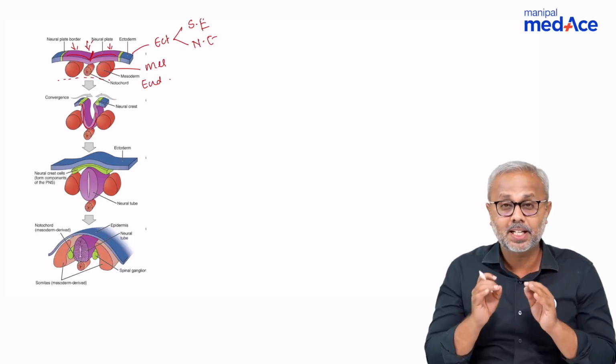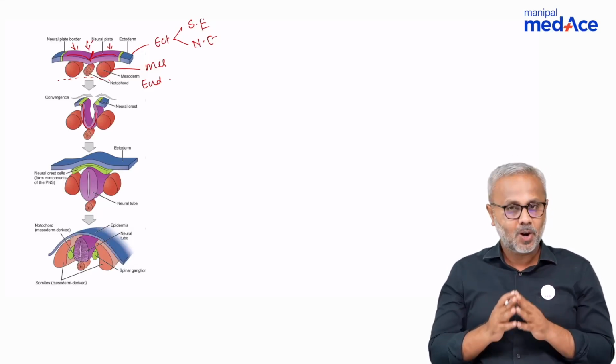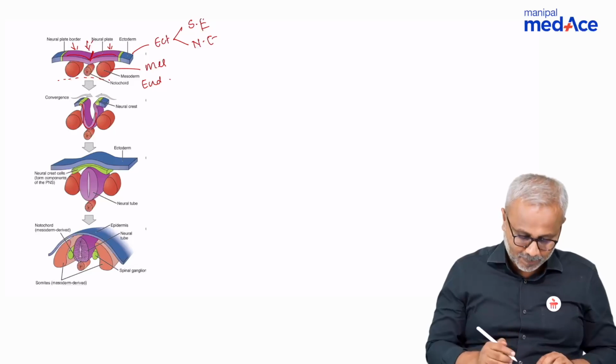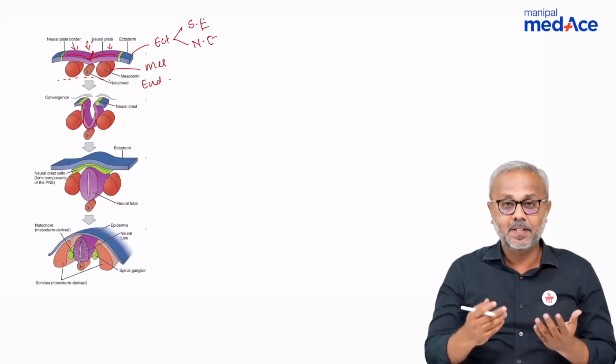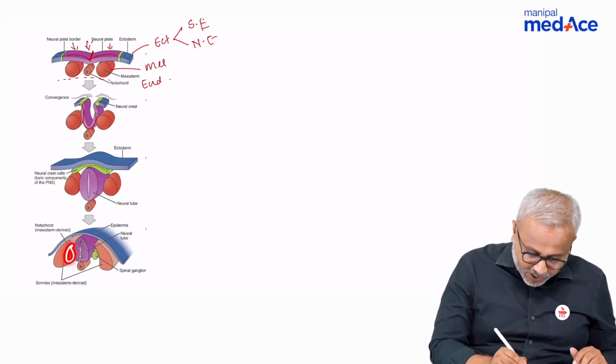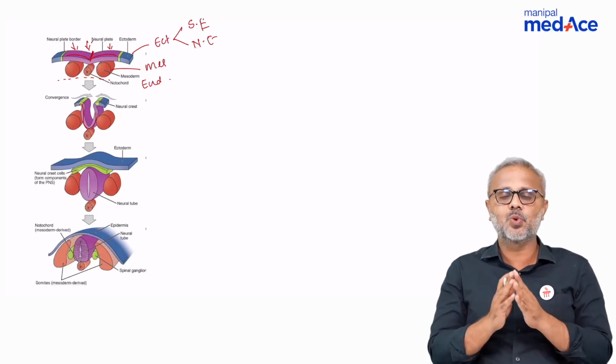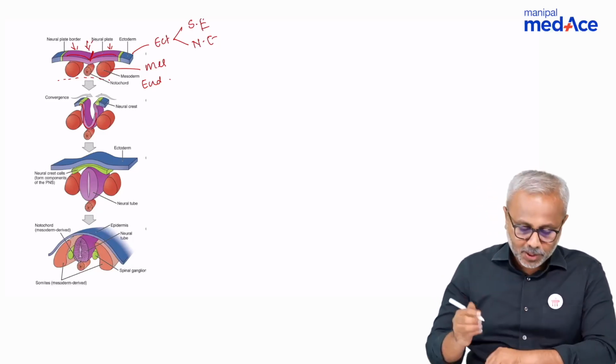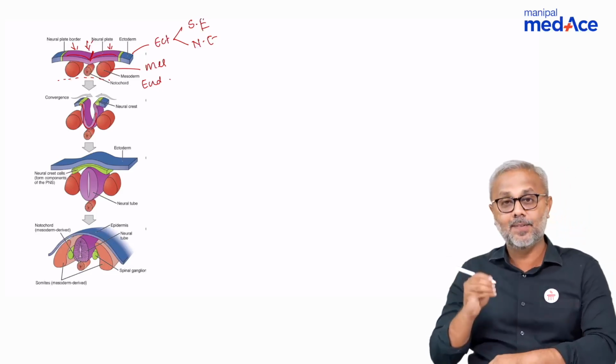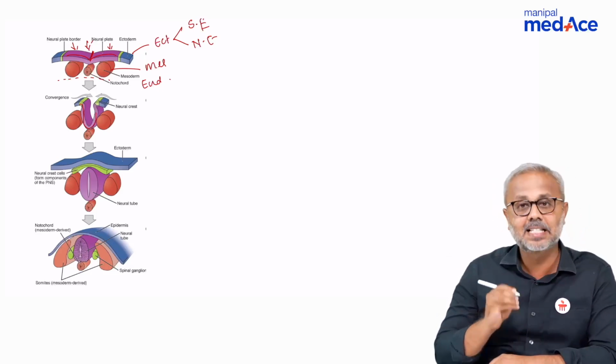Your neural crest cell is basically a derivative of ectoderm or neurectoderm. Once further differentiation continues, neural crest cells come to lie on either side of the neural tube, giving rise to various structures. Now, what are the most important structures that develop from the neural crest cells?